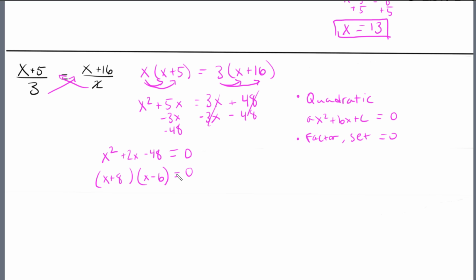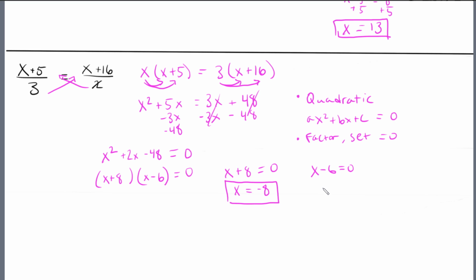Remember, with quadratics, we set each factor equal to 0 and solve. So one solution, I'll get x equals negative 8. If I plug negative 8 into my original equation, is that going to be a problem? No. It's not going to give me 0 on the denominator anywhere.